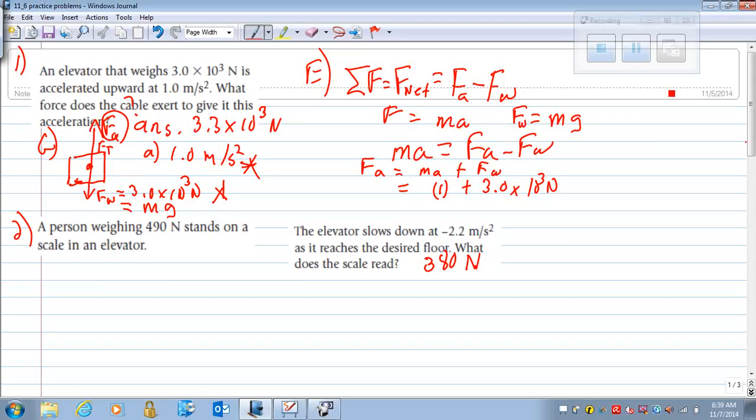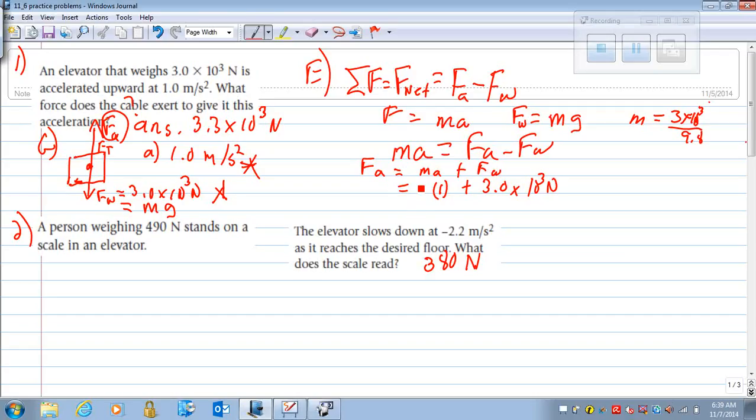So in doing that, I will find out that my mass is equal to 3 times 10 to the 3rd divided by 9.8. So that is what I've got to put in for my mass.